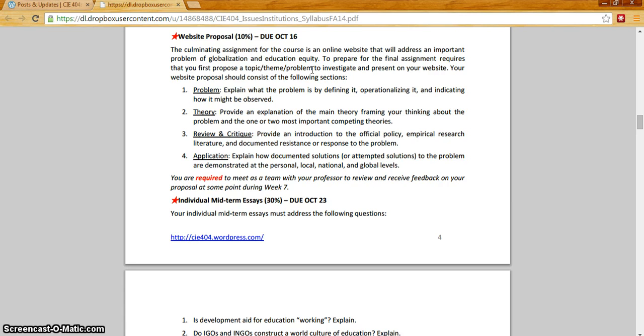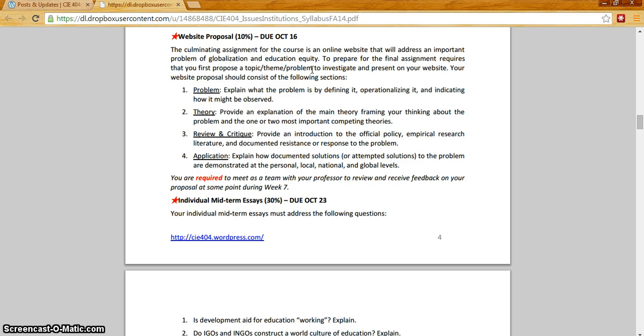In other words, what were the topics of interest for these organizations. And then we asked students to develop a website that was investigating that issue, that was providing some background on that issue, that was problematizing it, that was looking at ways that the problem might actually be solved, right?